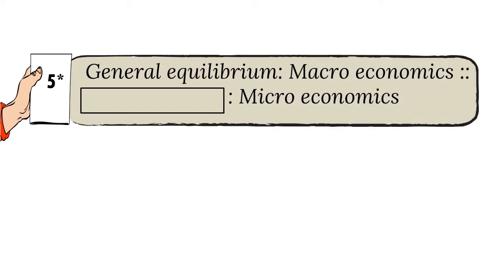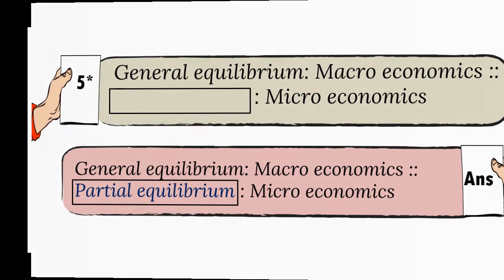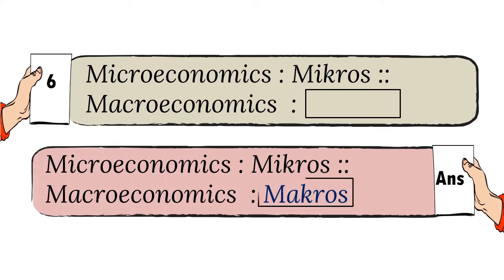General equilibrium, macroeconomics, dash, microeconomics. And the answer is partial equilibrium. 6. Microeconomics, micros, macroeconomics, dash. And the answer is macros.